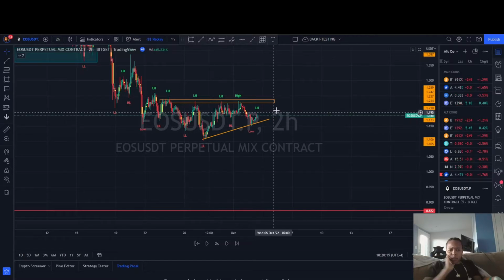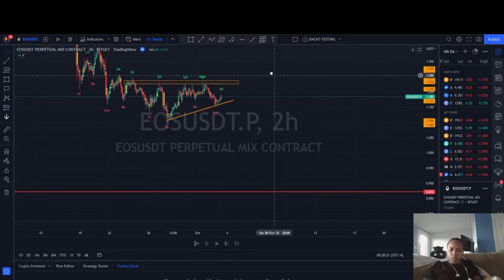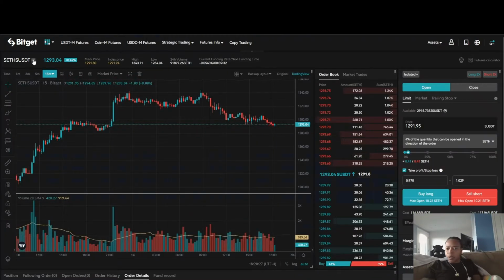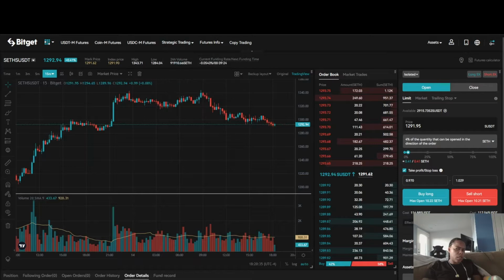And what I'd like to do, what is this? USDT. I'm trying to see if I can focus on the three I have the demo options for, which is Bitcoin, ETH, and EOS, whatever.